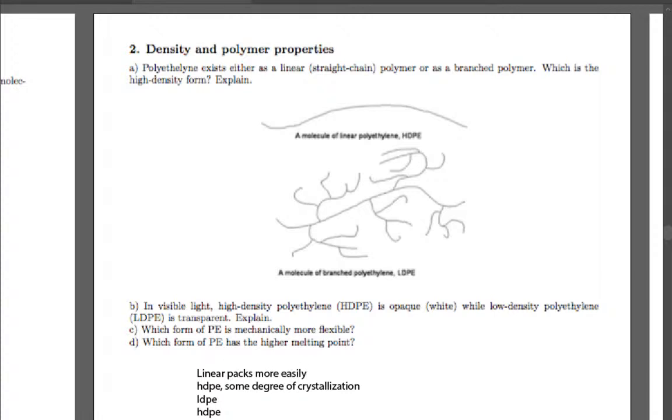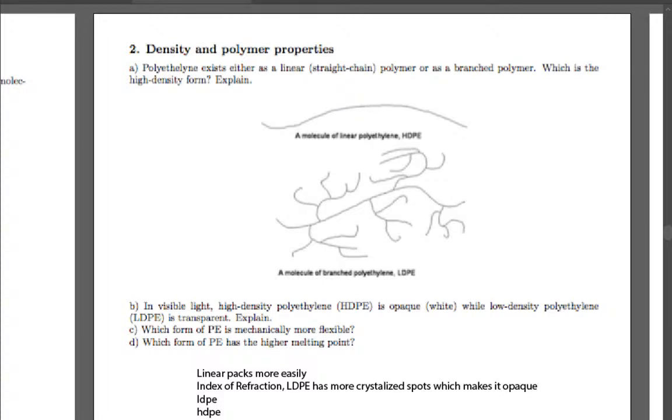And then for part B, in visible light, high density polyethylene is opaque while low density polyethylene is transparent. Explain. Because of the index of refraction. HDPE has more crystallized spots, which makes it opaque.